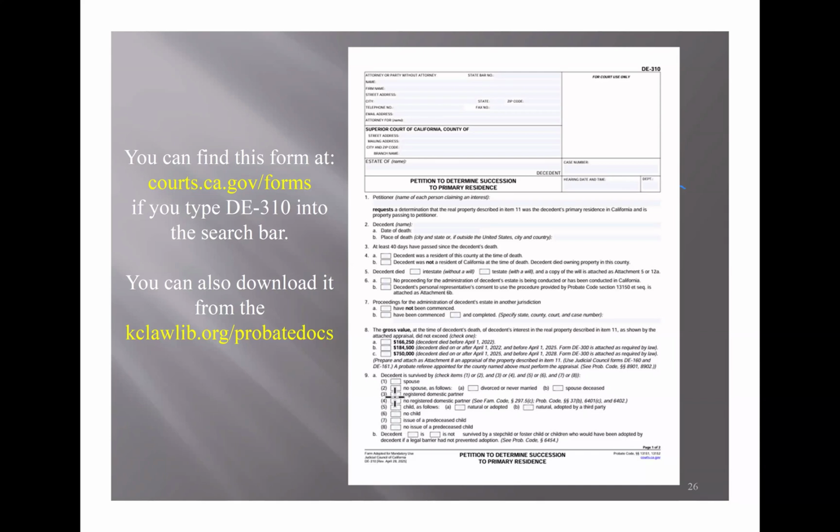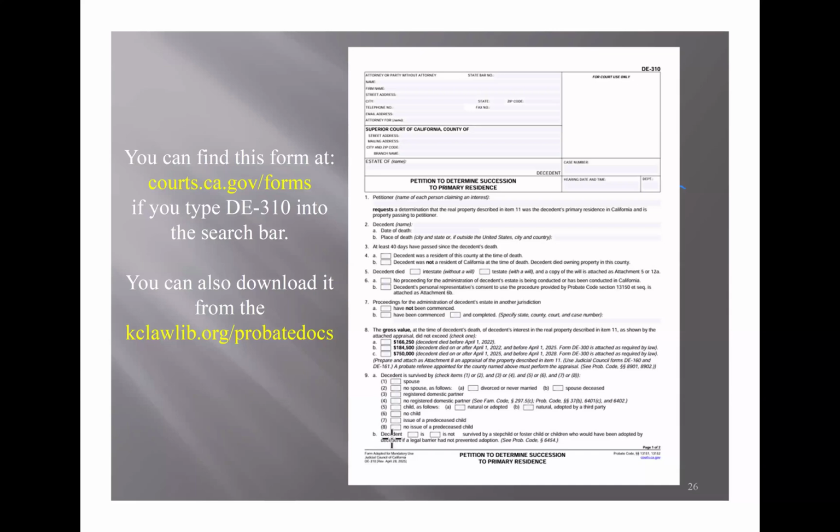Then there was either a registered domestic partner or no registered domestic partner, just the same as the questions with the spouse. And if they did have no registered domestic partner, then you have to check that box. That'll be the more common, okay?